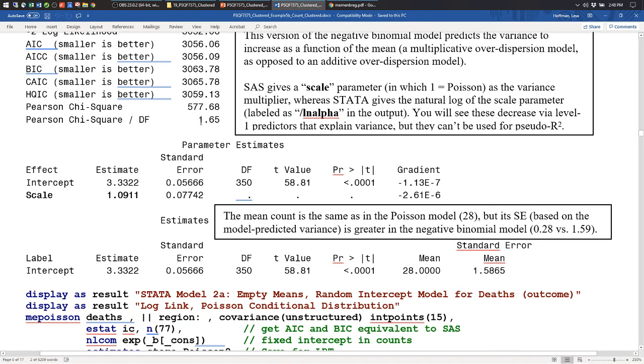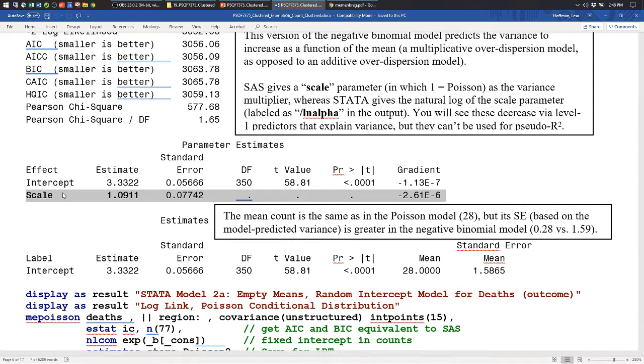Here is what happens after we switch to the negative binomial. It goes down to 1.65. That's much better. You end up with this new parameter right here, which is a scale factor.